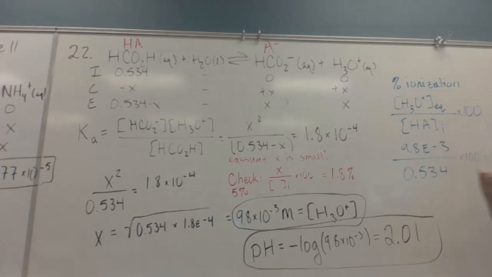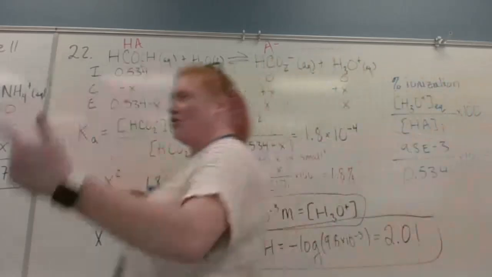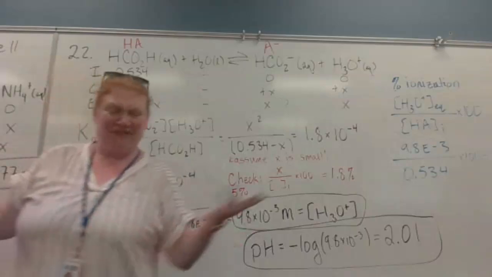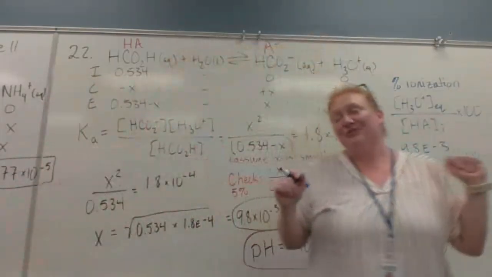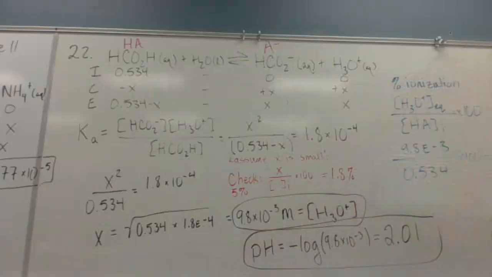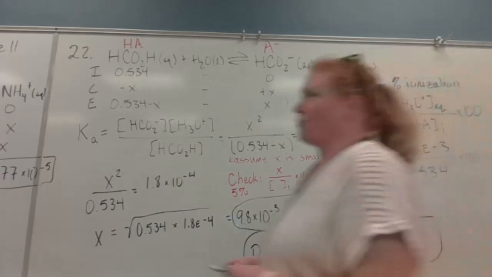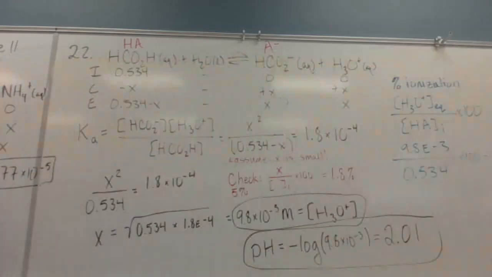Does that mean it's a strong acid or a weak acid? Is it 100%? No, so it's weak, right? I told you guys, weak acids don't ionize 100%. That's proof. This one barely does it. Let's look at one that does it more, but it's still quote unquote weak.